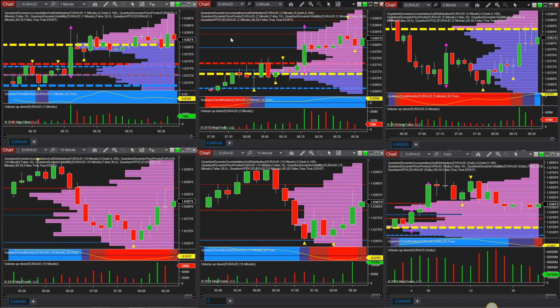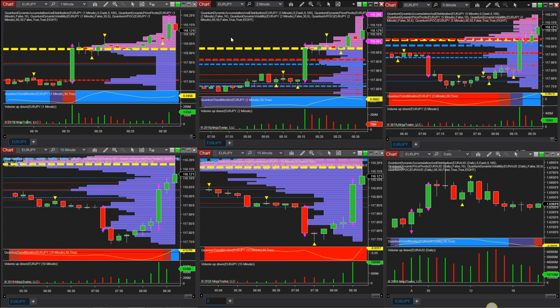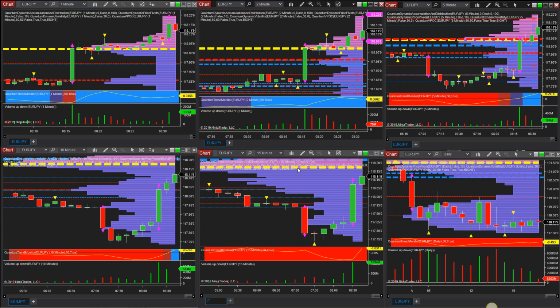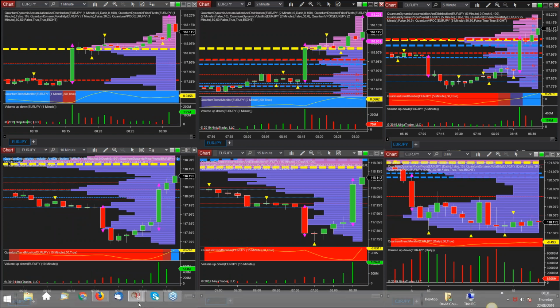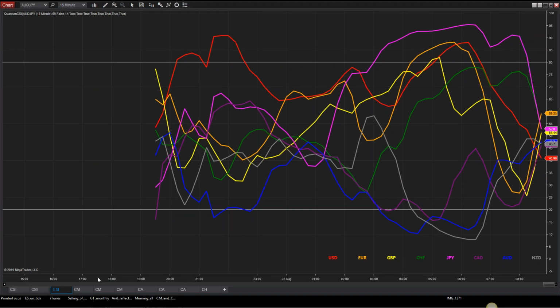Let's have a look at euro yen. Okay. Let's have a quick look at the CSI, see what's going on there. See if we look for some reversals. This is on 15. That was the yen selling that we're seeing on the yen index, which I mentioned earlier on. So that will be reflected in terms of sentiment.